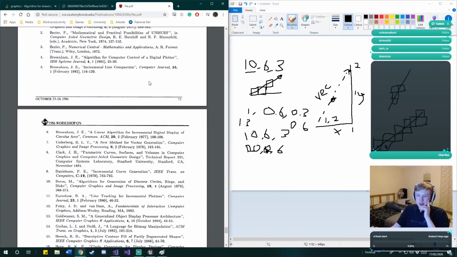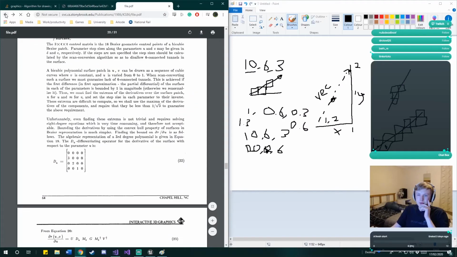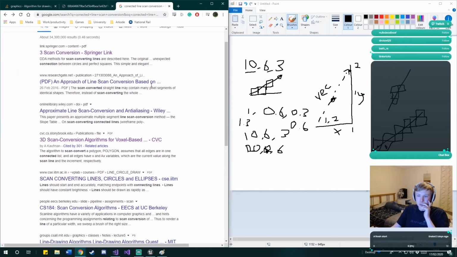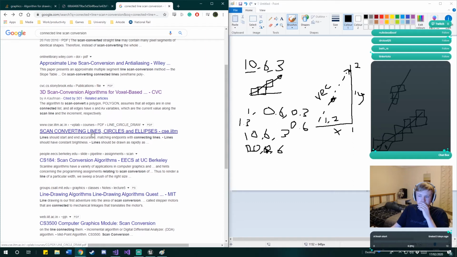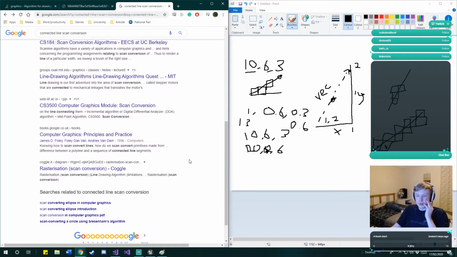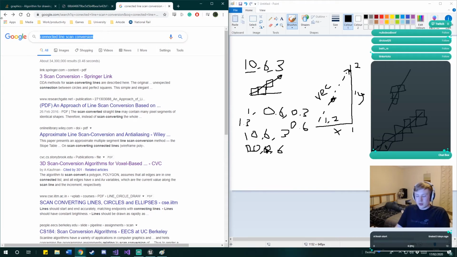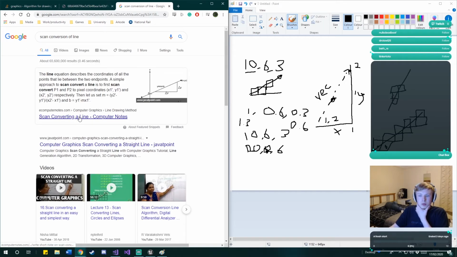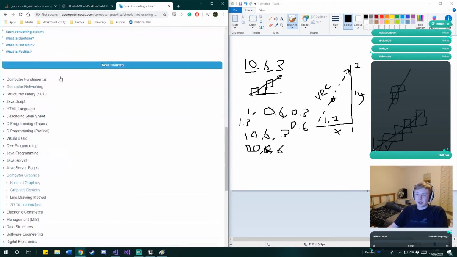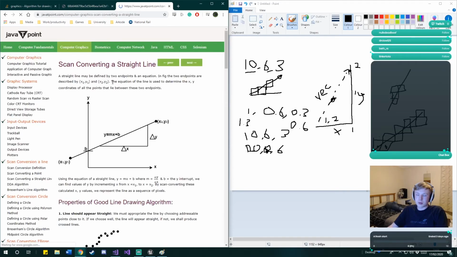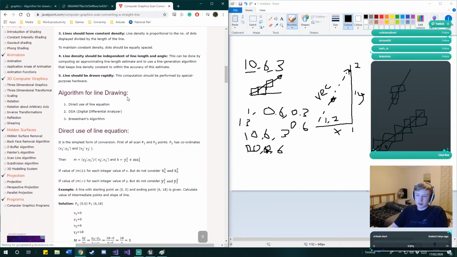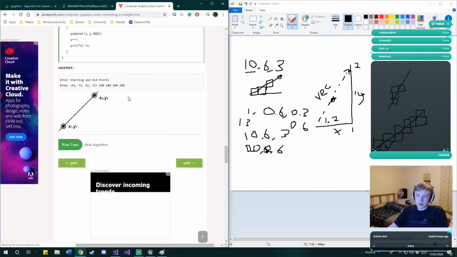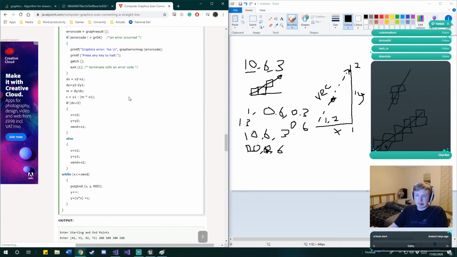Just didn't illustrate it, so I don't know if it's connected scan conversion or not. So if I can just find one with a connected example, I'm sure I can eventually. So many pictures.